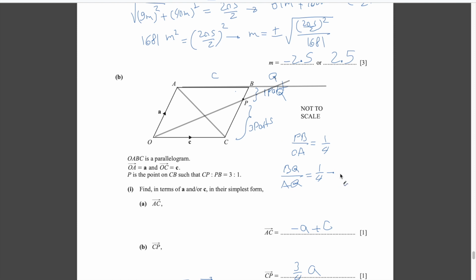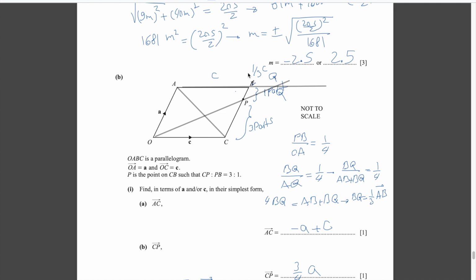But instead of AQ, I write AB plus BQ. BQ over AB plus BQ is 1 over 4. If I do cross multiplication, 4BQ is equal to AB plus BQ. Then I transfer, so 3BQ will be AB, so we can write it is 1/3 of AB. So AB was C, so it is 1/3 of C.